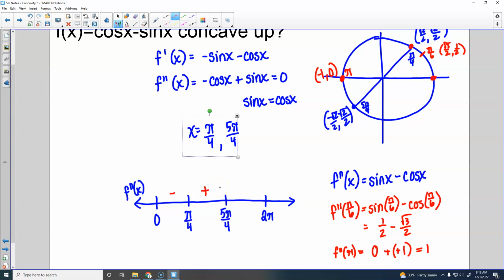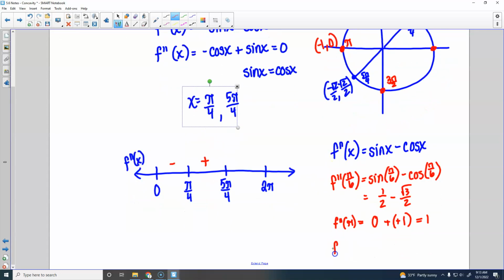I'm going to bet that we get a negative for the next one, but you want to check just to be sure. I'd use 3 pi over 2, but you can use any value that falls in this domain right here. For f double prime of 3 pi over 2, this is 0, negative 1. So we're doing negative 1 minus 0, and that will give me negative 1, so we get negative here.